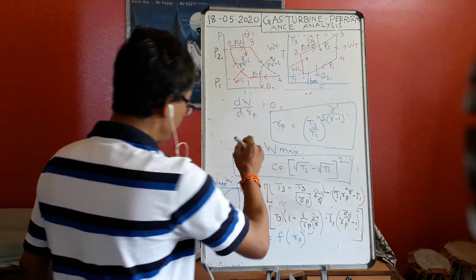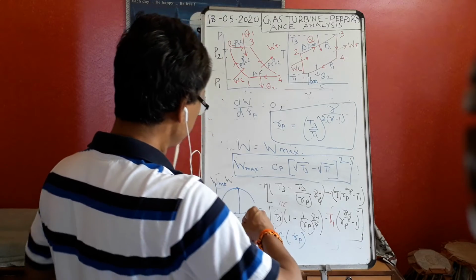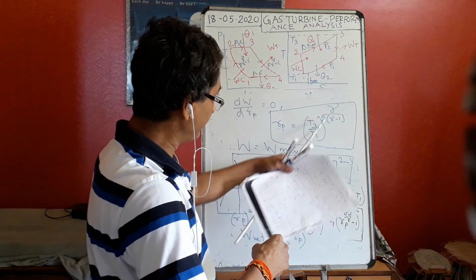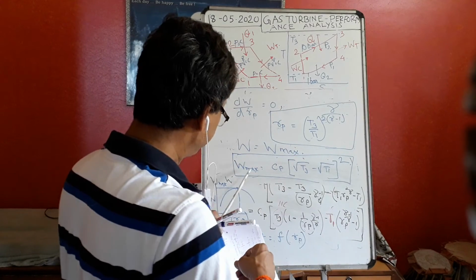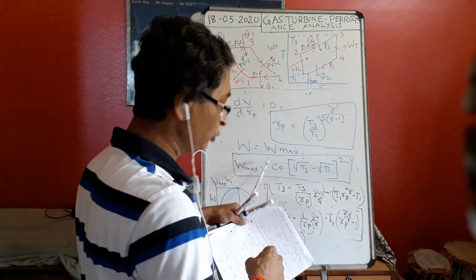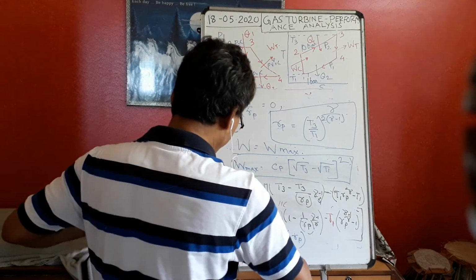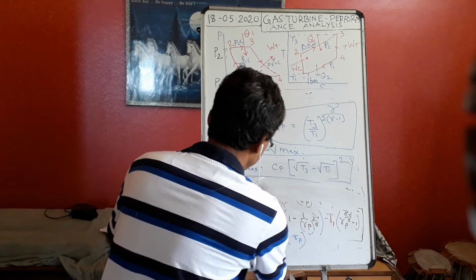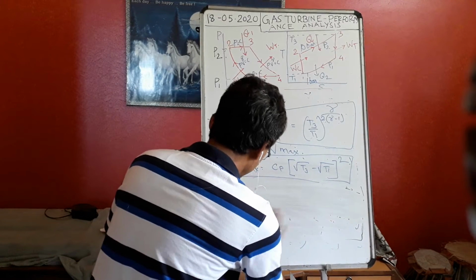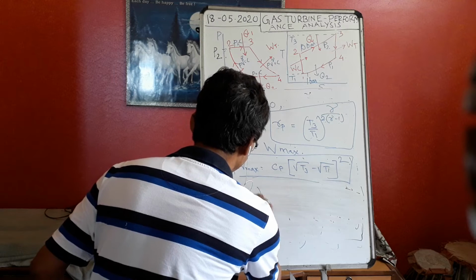So we have found that if the pressure ratio is (T3 by T1) to the power gamma by 2(gamma minus 1), then W max will be this. At that time our W max will be maximum. Then what is the cycle efficiency at that time? First see what our RP max is.